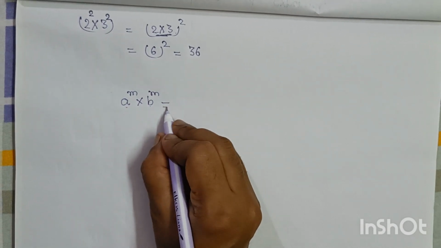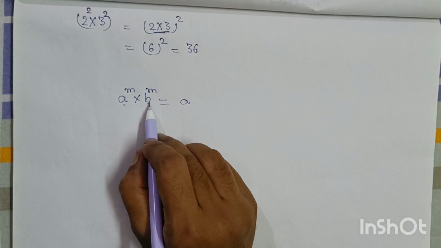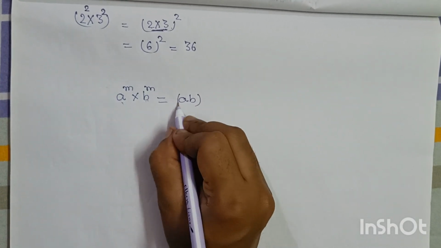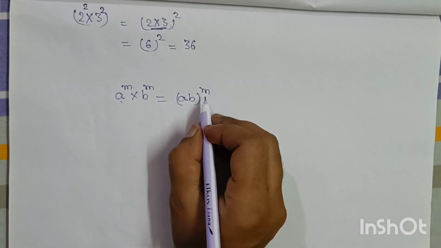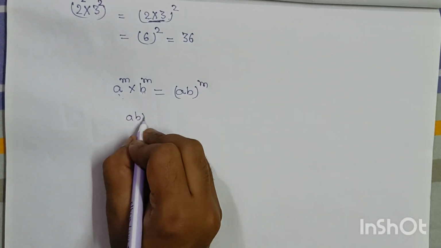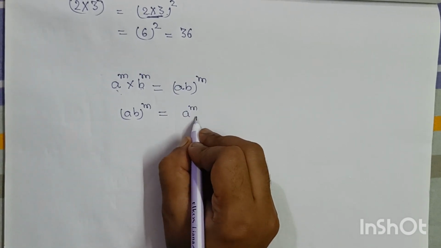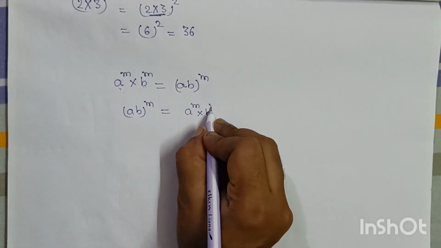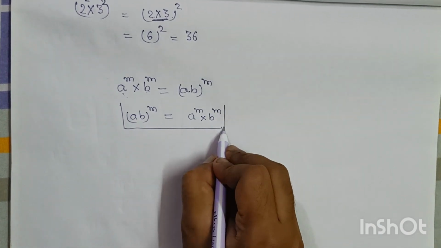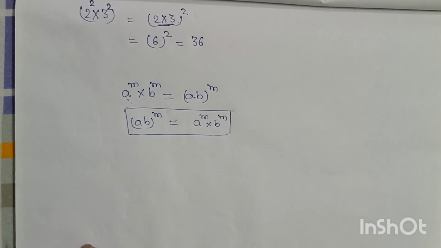So this can be equal to, first we find the product of these bases, a multiplied by b, and whole raised to the power m. Since they both are equal to each other, we can also write a multiplied by b whole raised to the power m as equal to a raised to the power m multiplied by b raised to the power m. This law of exponent is known as the power of product rule.